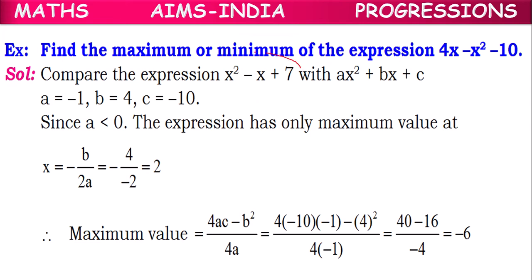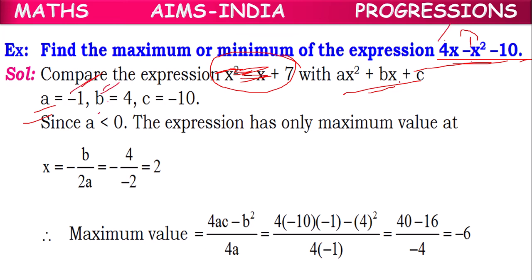Sorry children, here it is this one, not this one. This equation we have to write here. If we compare this equation with this one, a means the x square coefficient. For the x square coefficient, there is nothing, which means we can keep 1 here. So a value is minus 1. b means the x coefficient, 4. c means the constant, minus 10.